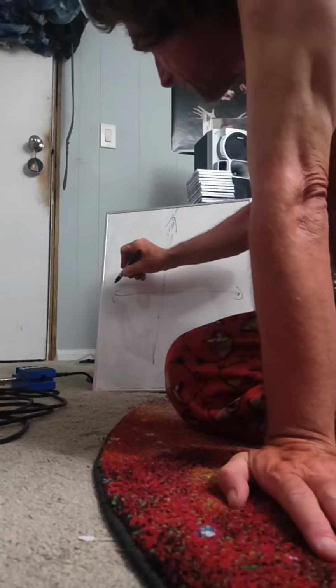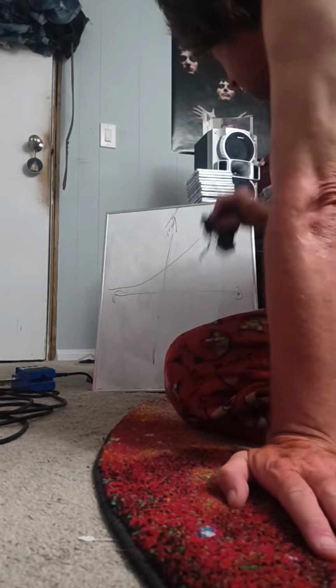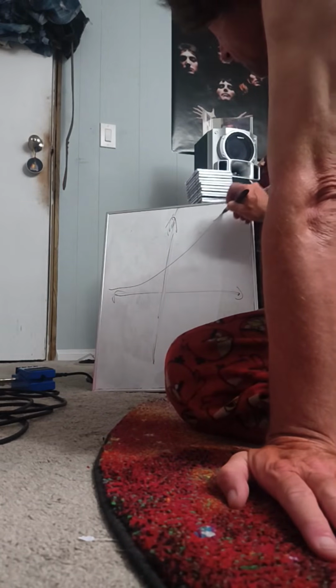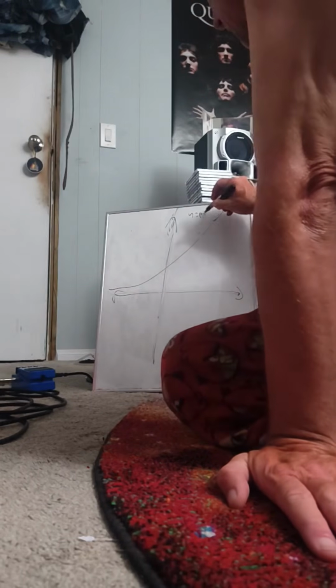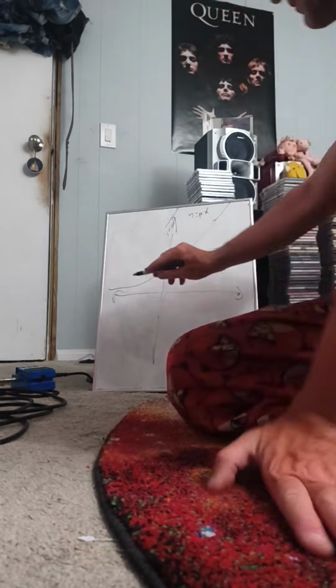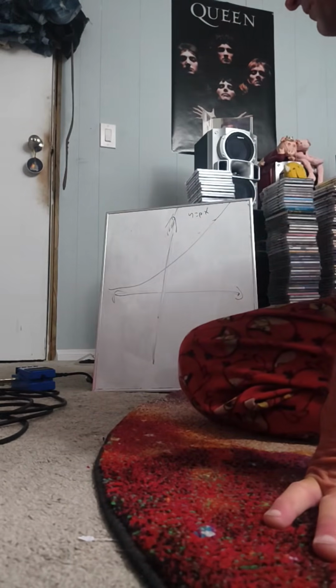So e to the x is a curve that looks like this. That's y equals e to the x. At any given point, the slope or rate of change of the function is equal to the function.